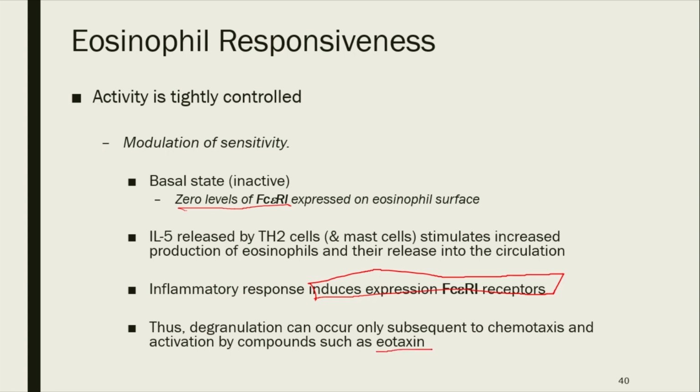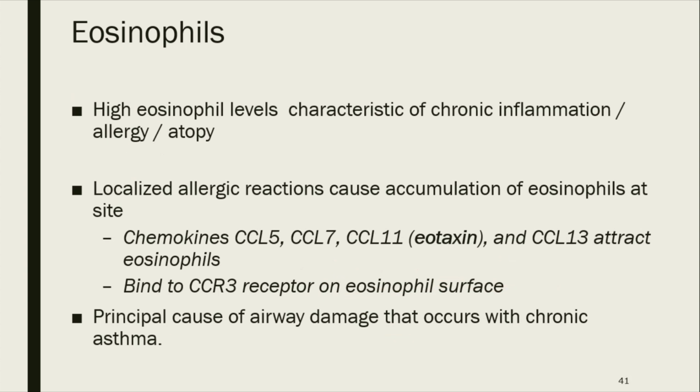Now, it has been shown that abnormally high levels of eosinophils or abnormal activation are some of the contributing factors to severe cases of asthma. By learning this, you would be very well equipped to understand asthma.